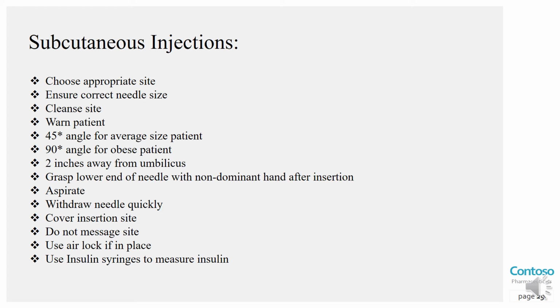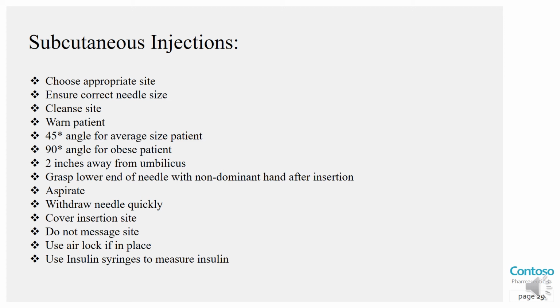You should ensure that the needle size is correct. To do this, you grasp the skin fold between your thumb and your forefinger and measure from top to bottom. The needle must be approximately 1/2 of this length.